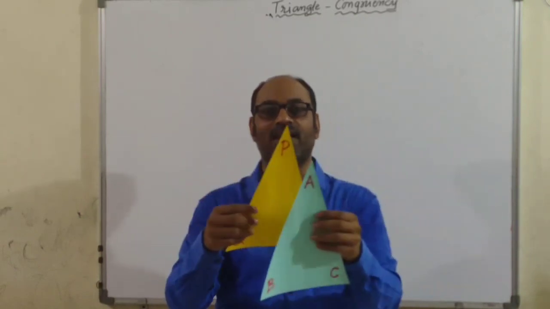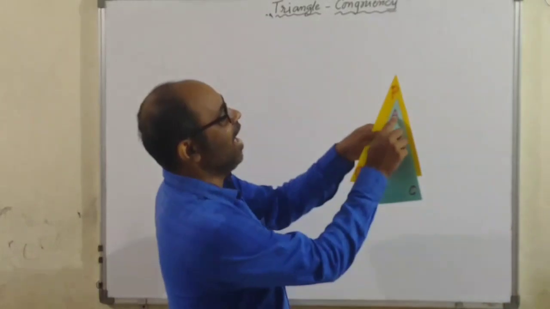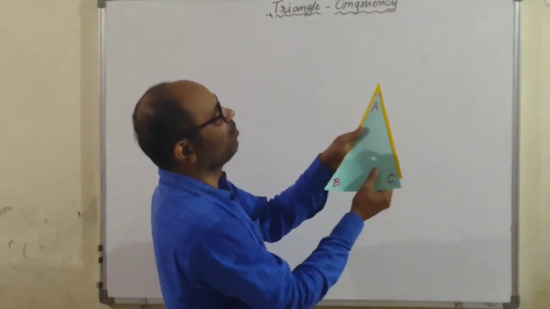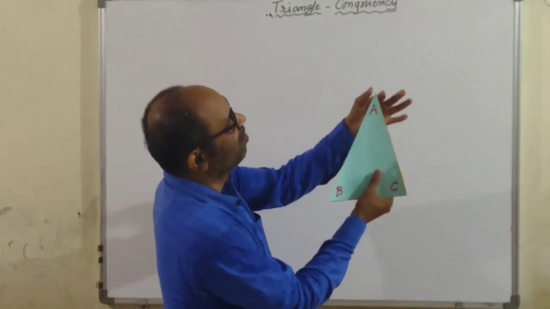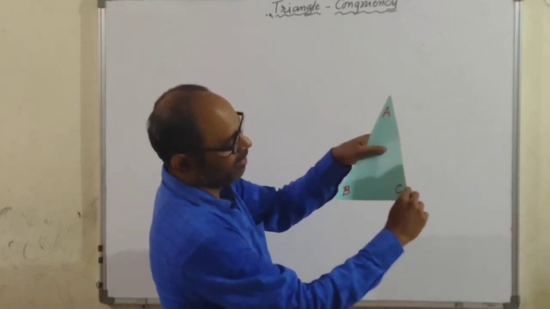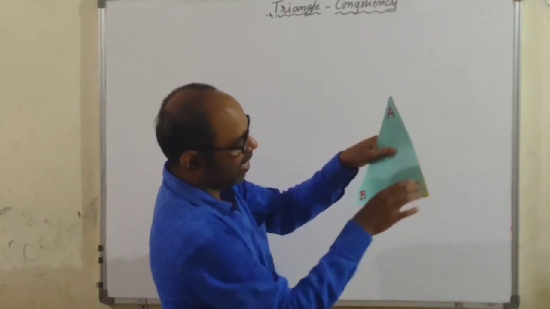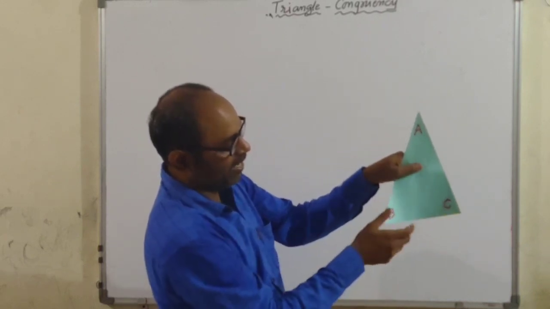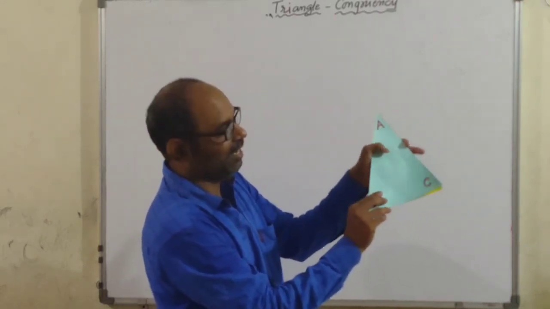Why are they congruent? Because angle A is congruent to angle P. Can you see this? Angle A and, behind it, angle P are equal. Angle C and angle R are equal. Angle B and angle Q are equal. Correct?